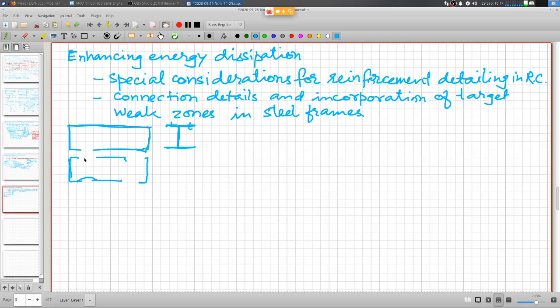Something like this, right? So this is how it will look, elevation, this is side view, and this is plan, right?